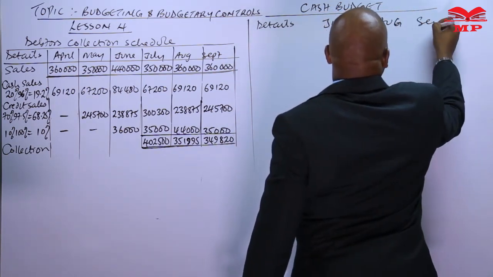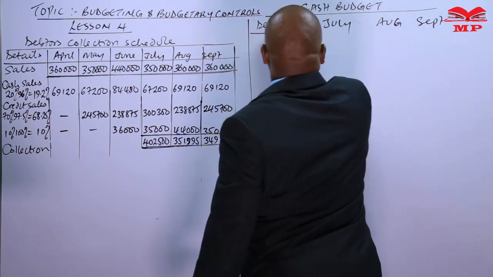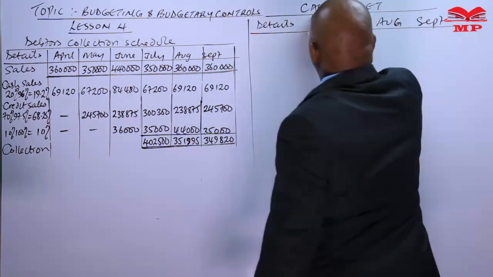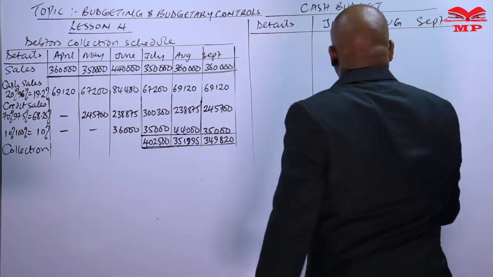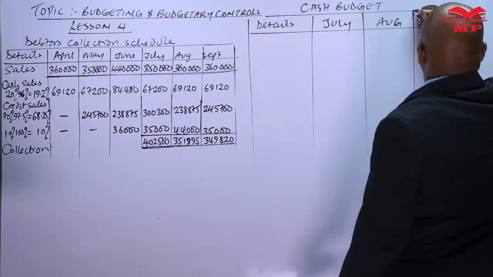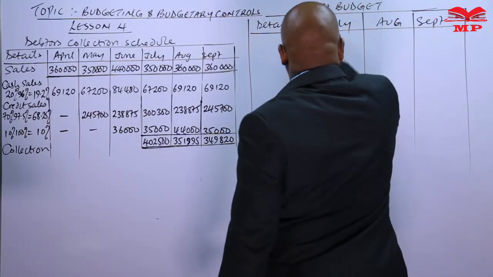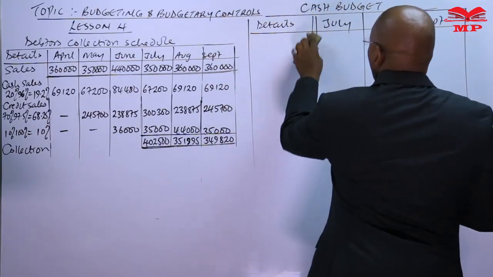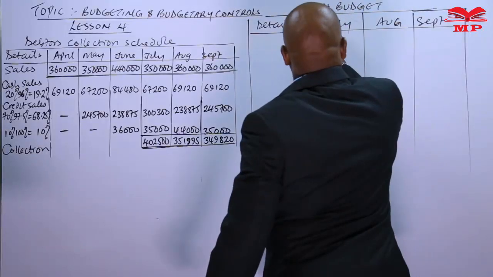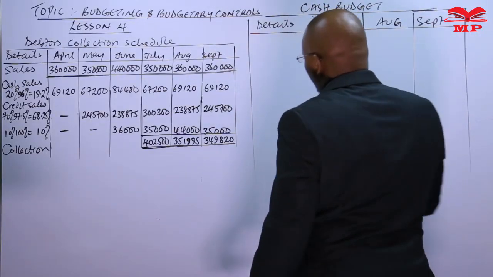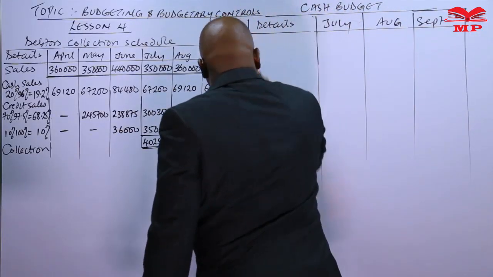And you have September as our periods. So this is the format of the cash budget.